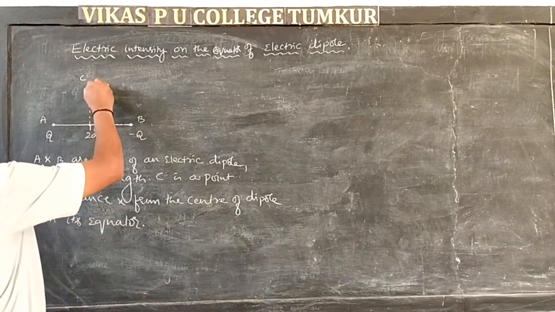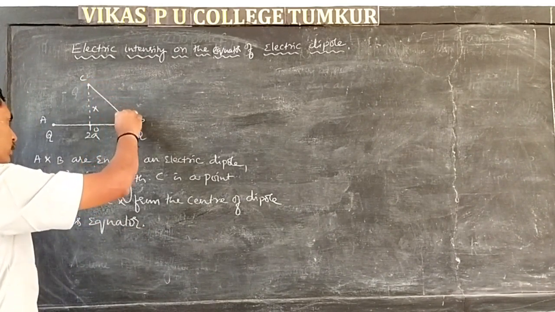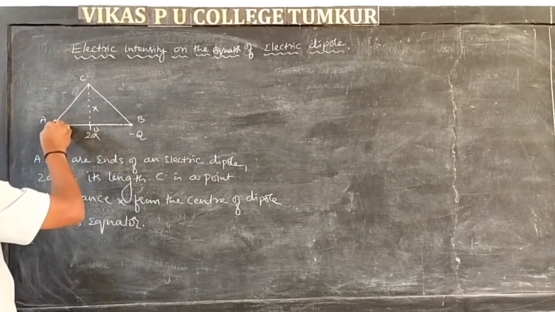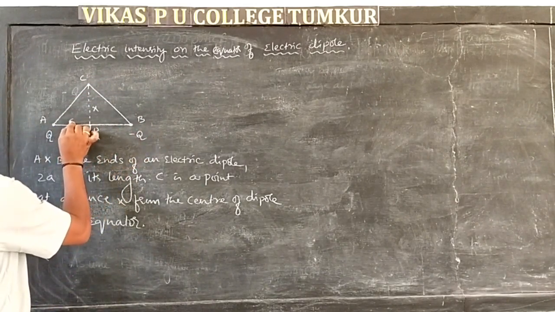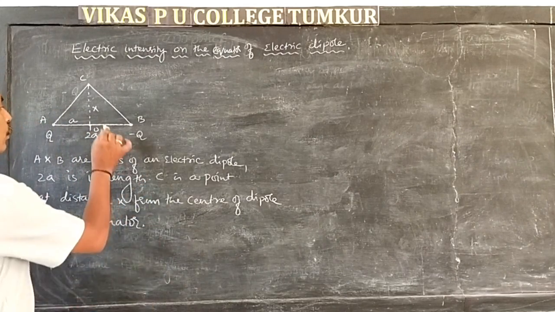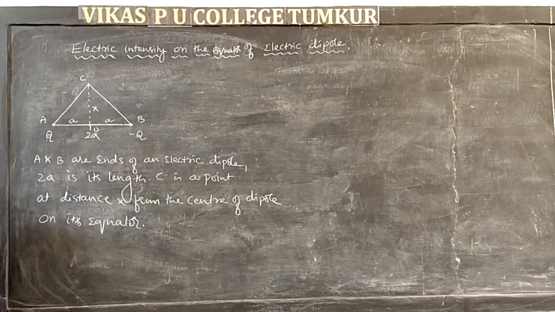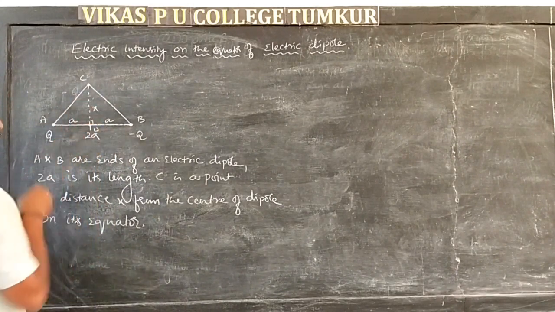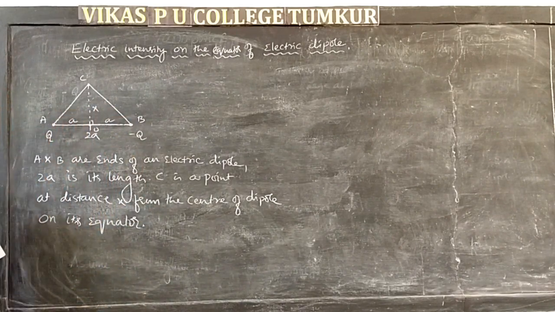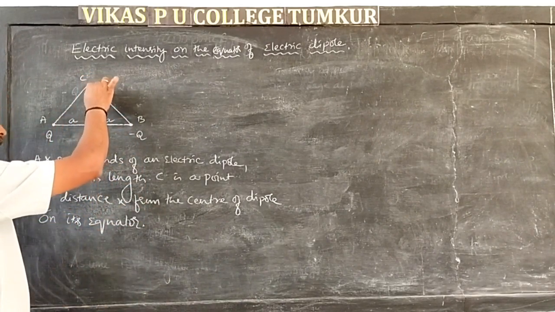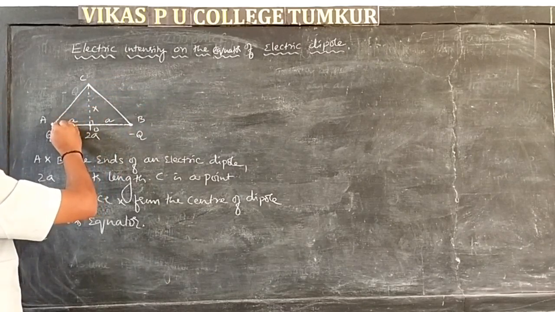Now I will join these two. Naturally, the 2a ಆದ್ಮೇಲೆ OA will be a, OB will also be a. So ಈಗ ಇದು ರೈಟ್ ಆಂಗಲ್ ಟ್ರಯಾಂಗಲ್, ಯಾಕಂದ್ರೆ ಪರ್ಪೆಂಡಿಕ್ಯುಲರ್ ಬೈಸೆಕ್ಟರ್. ಇದು x ಇದು a ಆದ್ಮೇಲೆ BC and AC.